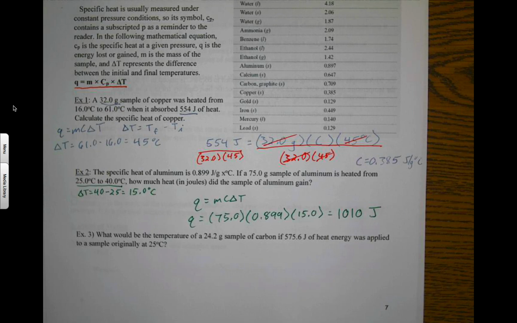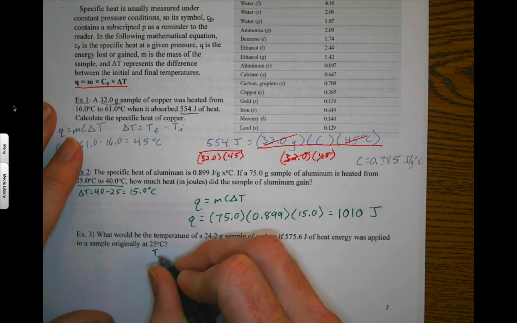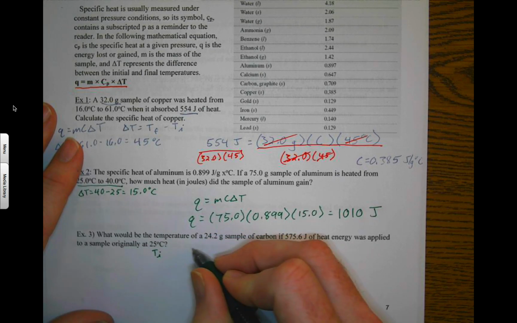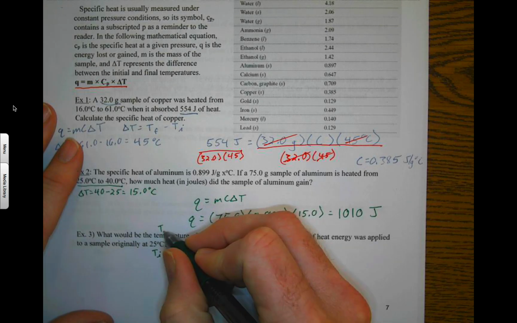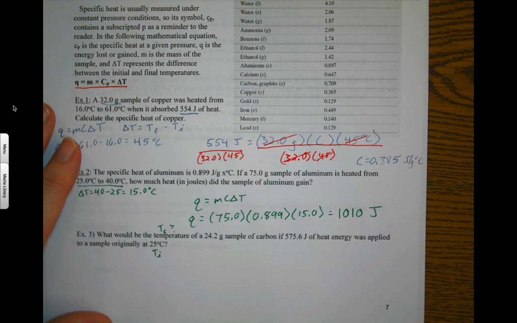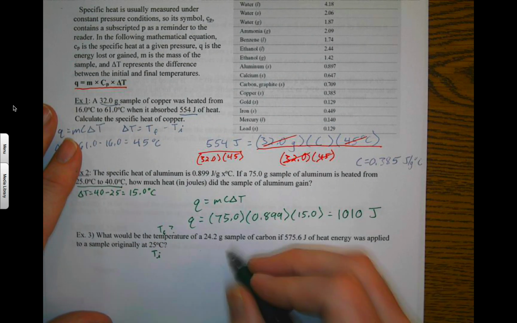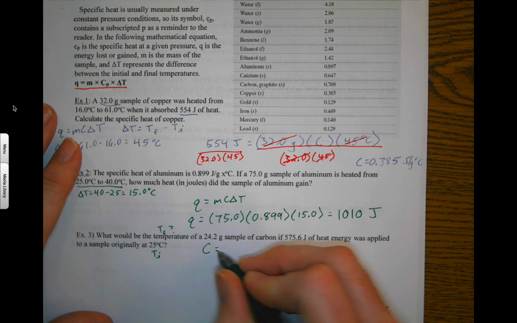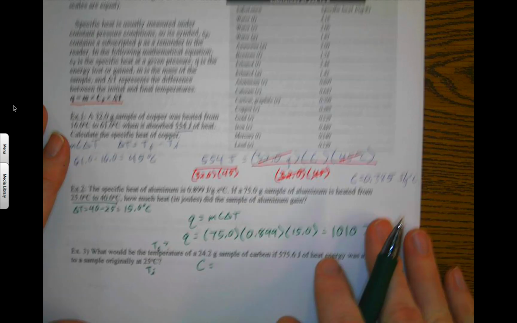Now example 3, what would be the temperature of a 24.2 gram sample of carbon if 575.6 joules of energy was applied to a sample originally at 25 degrees Celsius? So that is the initial temperature. I want to know the final temperature, right? That's the one I want to know. Now what's the specific heat? That's a good question.